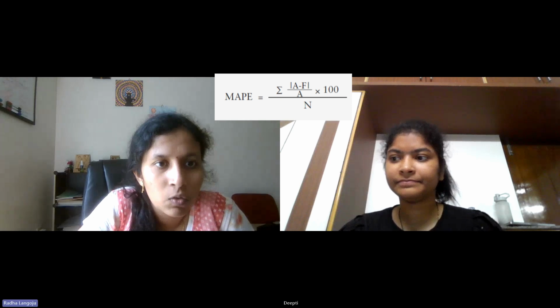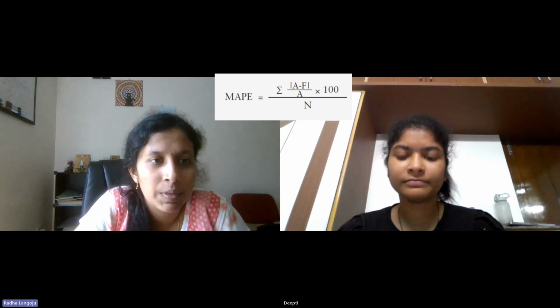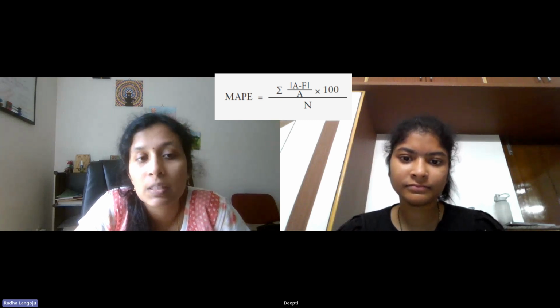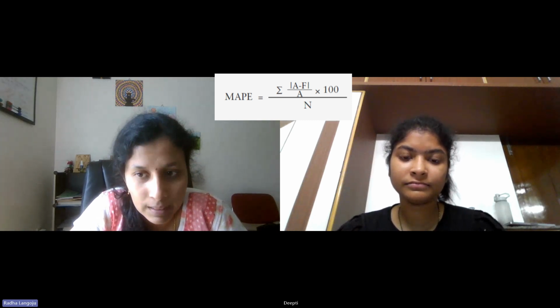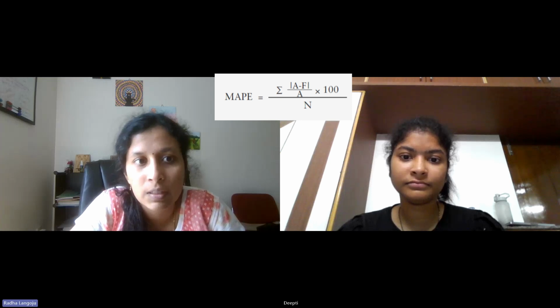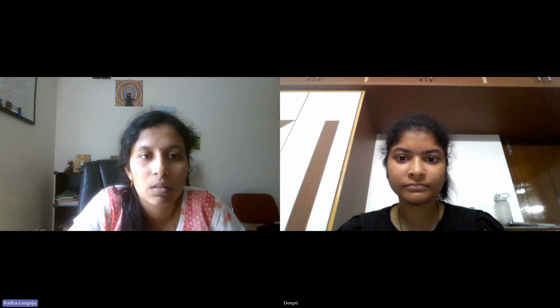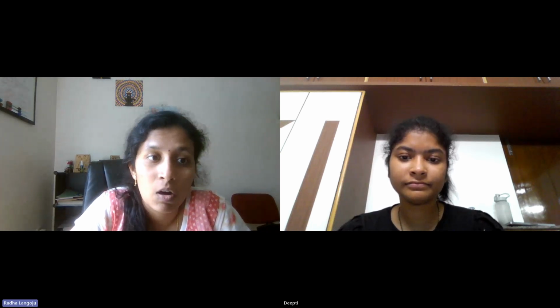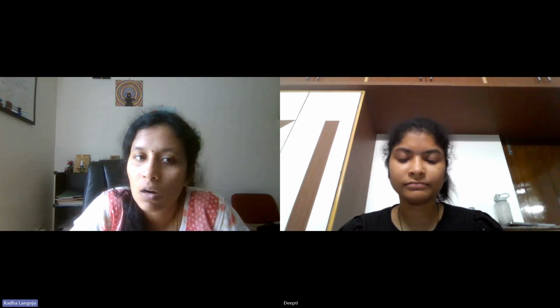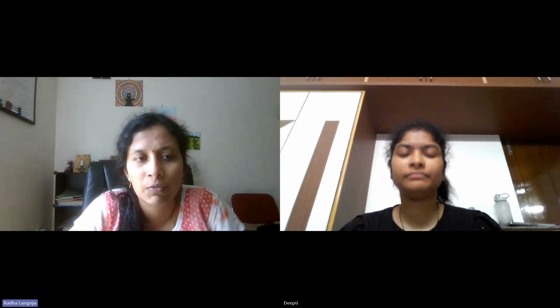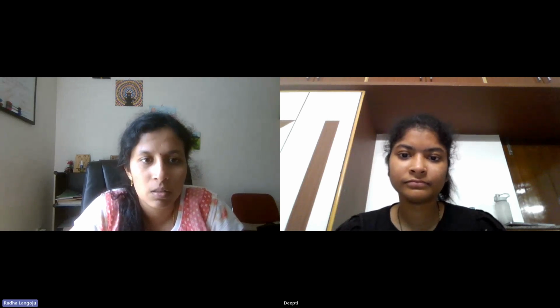Yes, there are a few limitations for MAPE. Firstly, the actual values cannot be zero because, as we saw in the formula, the actual value Ai is in the denominator, so it will be undefined. Secondly, if the data has a lot of variability, MAPE is not the ideal metric because it gives equal importance to all the values, irrespective of the magnitude of actual values, which leads to incorrect evaluation.